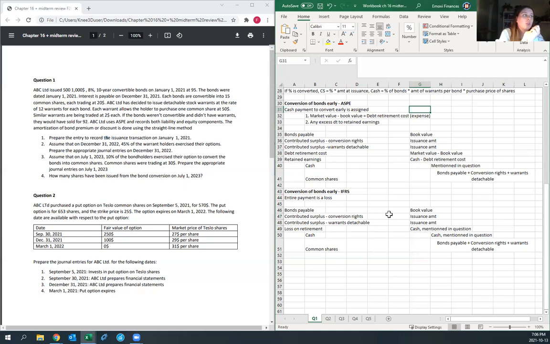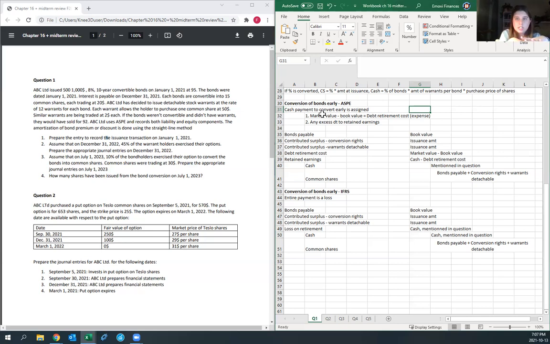So under ASPE, there's two things. You're first going to have an expense that is going to be the market value of your debt minus the book value of the debt, and that difference is going to go into the expense account. And then any excess, so let's say that the expense was $5,000 and you paid them cash $15,000, the $10,000 is going to go as a debit to the retained earnings.